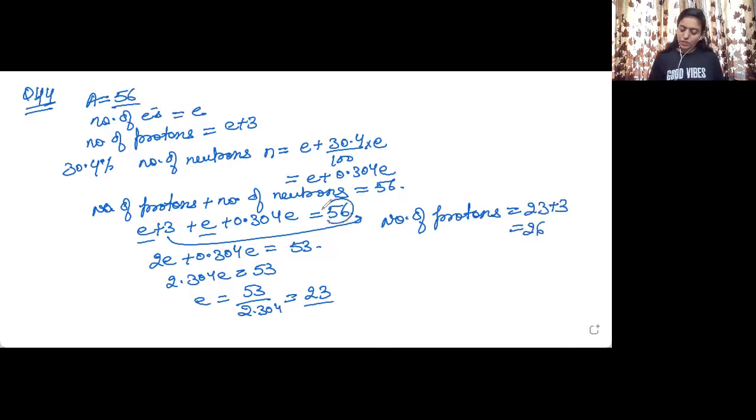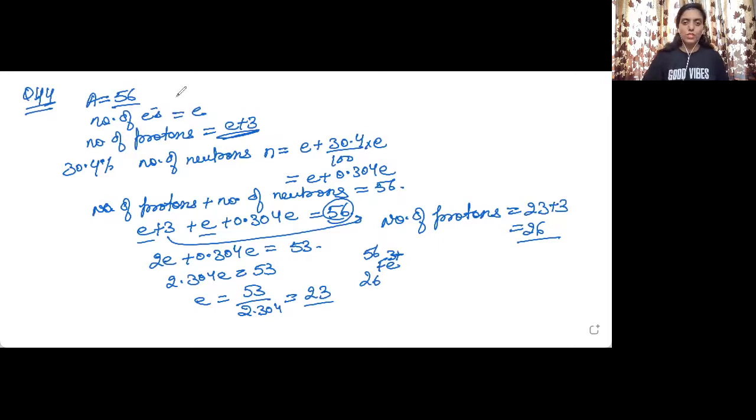The number of protons is equal to the atomic number, so atomic number 26. It belongs to iron. So it will be an iron atom, 26, with mass number 56. Because there is an excess of protons, 3 protons more than electrons, it will not be neutral. It will carry a 3 positive charge. Fe3 positive. All right. Hope this is clear to you.